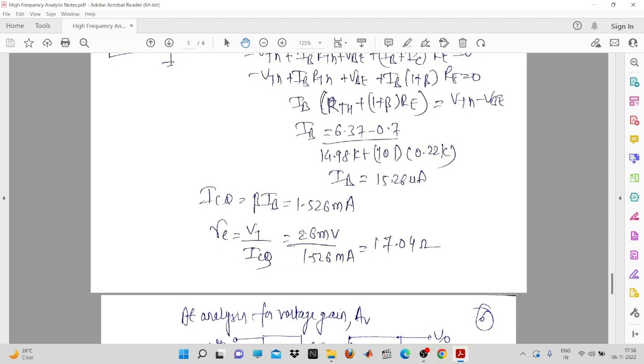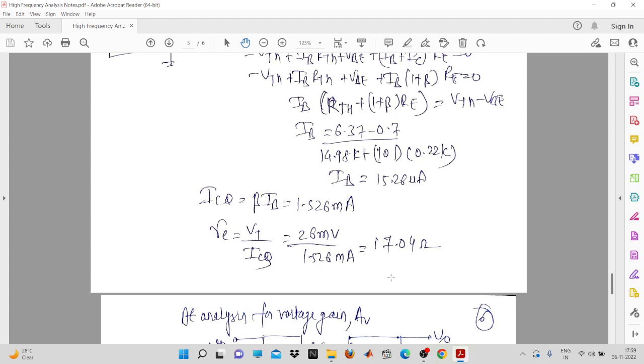Now how does this VT come into the picture? Now you know that VT means what? Thermal voltage, and thermal voltage has the formula KT upon Q. K means Boltzmann constant, that is 1.38 times 10 to the power of minus 23 joule per Kelvin.